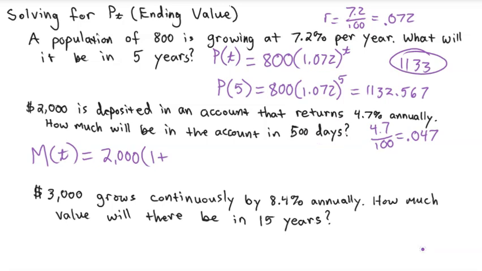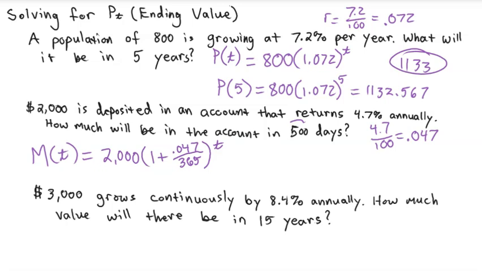And the way we do that is we take our annual rate, 0.047, and we divide it by 365, because there are 365 days in a year. And so this is a tricky one. So this is actually going to be 1 plus 0.047 divided by 365 to the t power. I'm not going to calculate it out. I'm going to leave it just like this. This is going to be my formula.